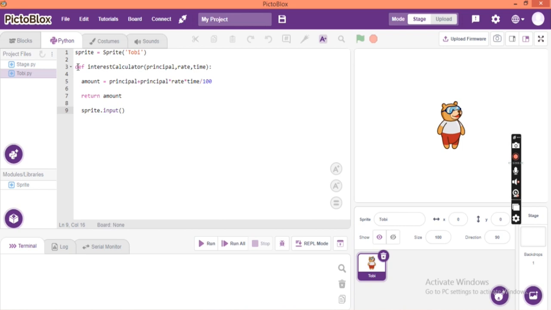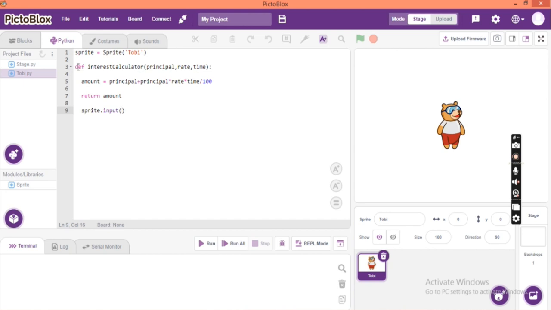Now we have to give the input, whatever this program wants to ask. Like it wants to ask the principal amount, the rate of interest, and the time period during the run time.